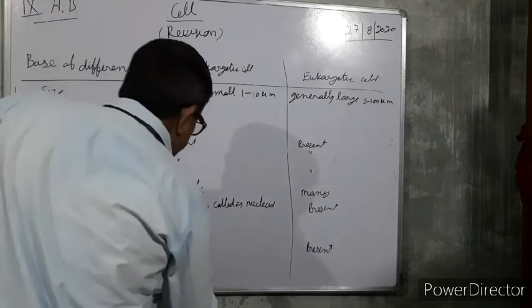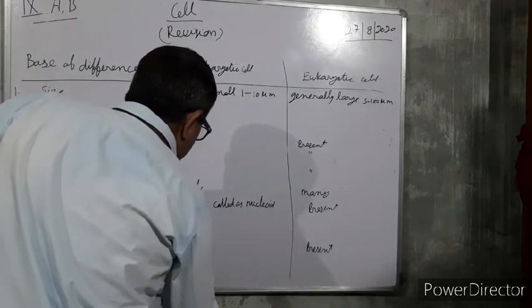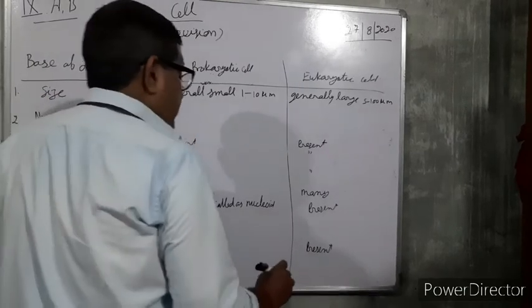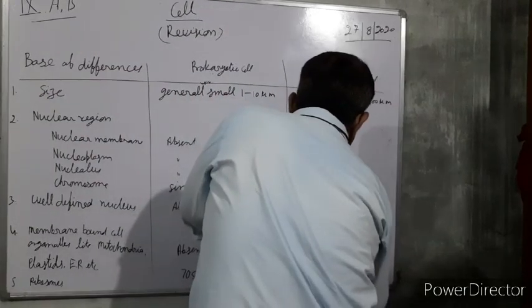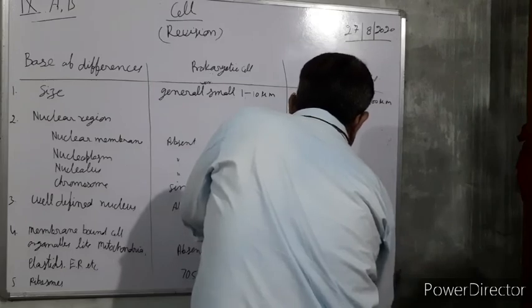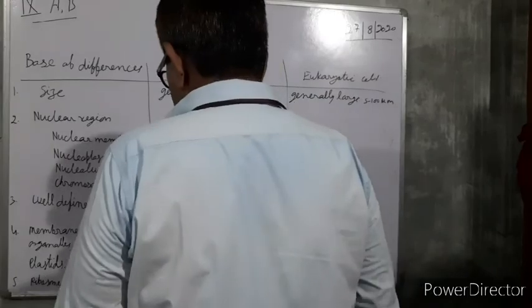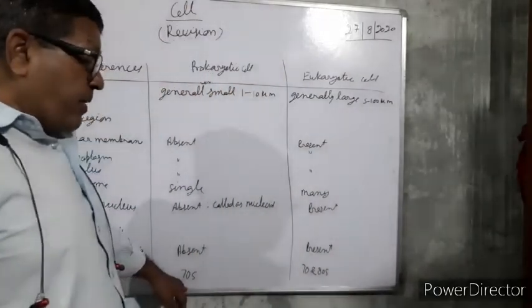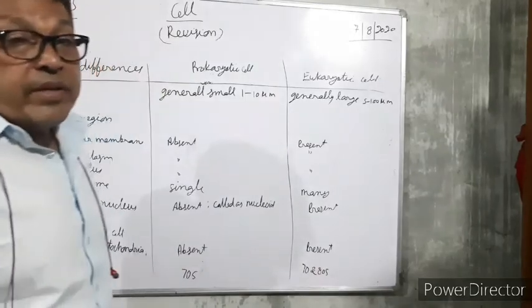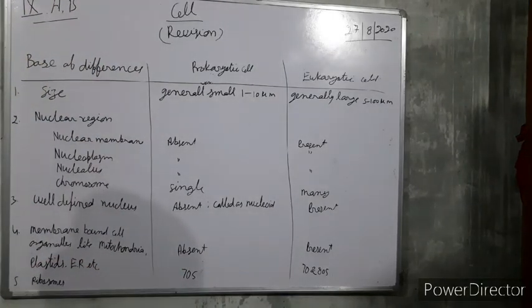Here 70S type of ribosomes are present, and here both 70S and 80S ribosomes are present. So in this way, we can differentiate between prokaryotic cells and eukaryotic cells.